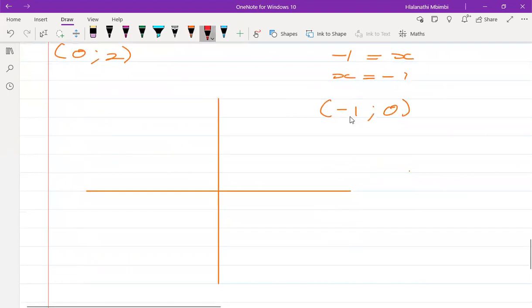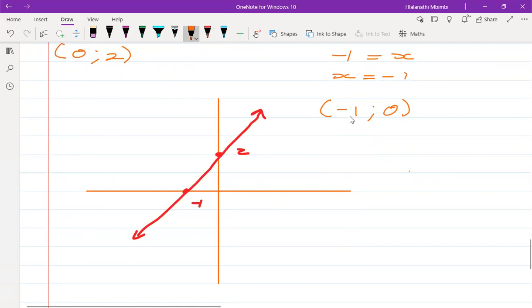Now we're just using these coordinates to draw. So this is going to be our 2, and roughly here this is going to be our -1, and we can draw our function just like that. Now I'm not very strict about your scale, but just make sure that relatively 2 is bigger than -1 in proportion.